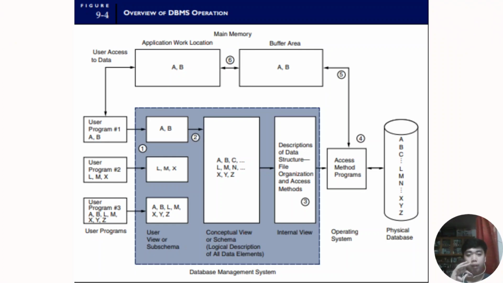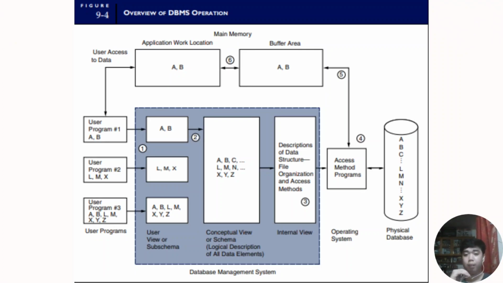So here's a simplified overview of the typical sequence of events, which you can see also in the copy given by Sir Ariel Serrano. So the first one, a user program initiates a data request or call directed at the DBMS. So this request is formulated in a specialized data manipulation language that's embedded in the user program.